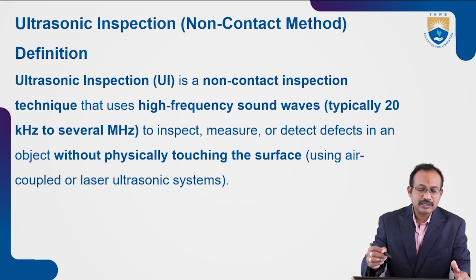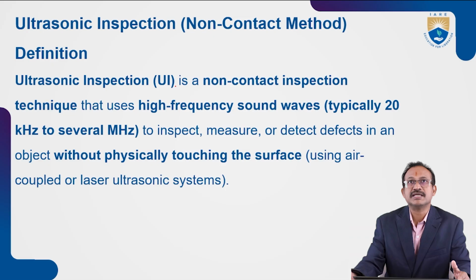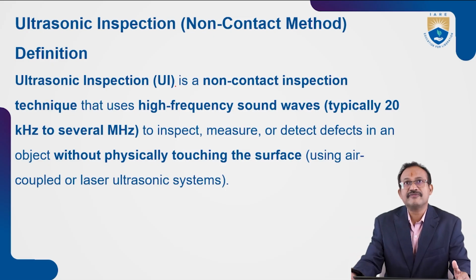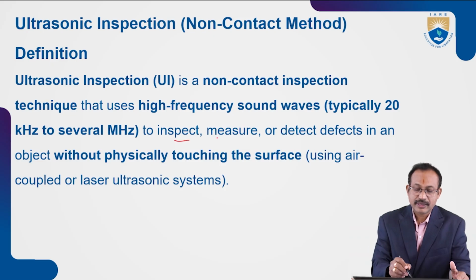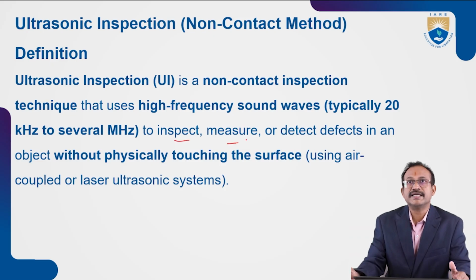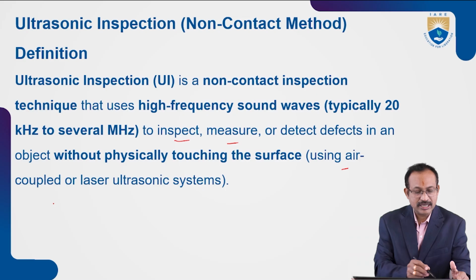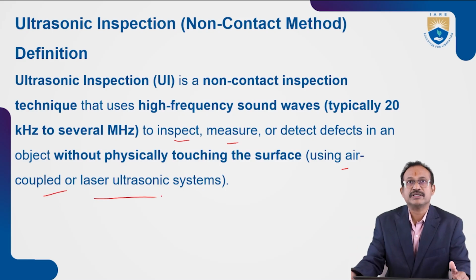Ultrasonic inspection, UI, is a non-contact inspection technique that uses high frequency sound waves, typically 20 kHz to several megahertz, to inspect, measure or detect defects in an object without physically touching the surface, using air coupled or laser ultrasonic systems.